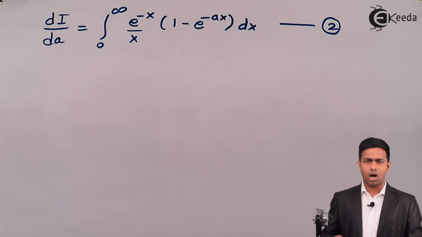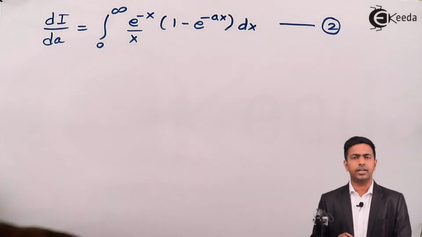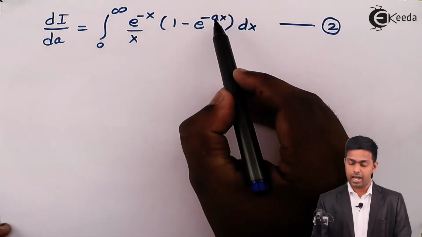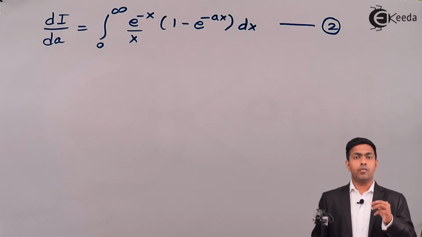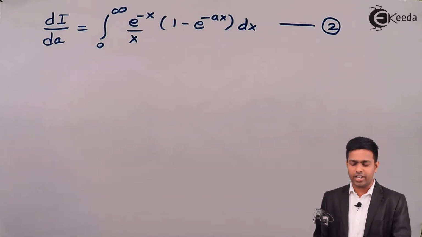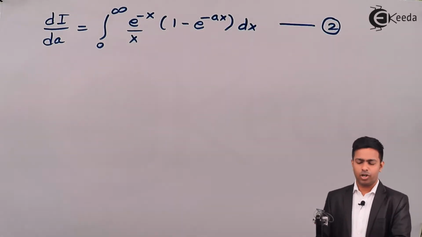The question is how to evaluate this integral, because here we have the x term in the denominator as well as a parameter in the question. So what we'll do is we will again apply the DUIS on this integral to evaluate it.